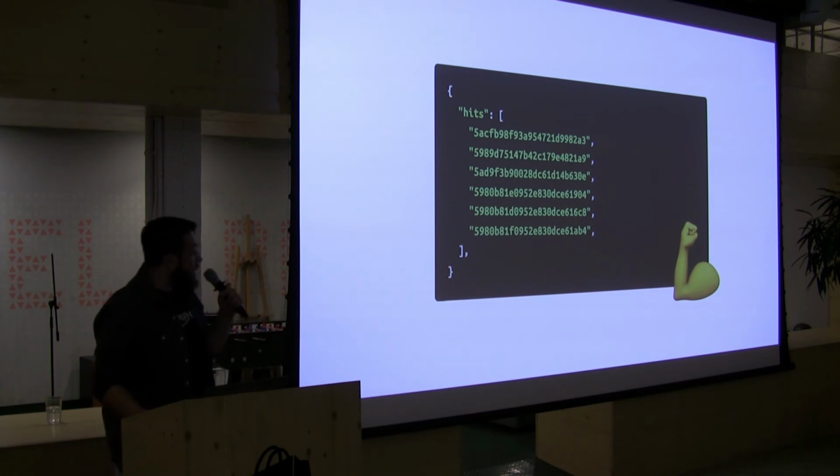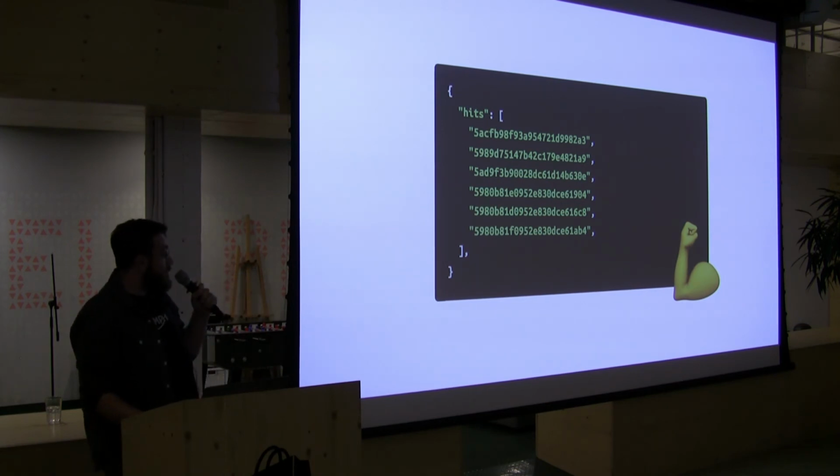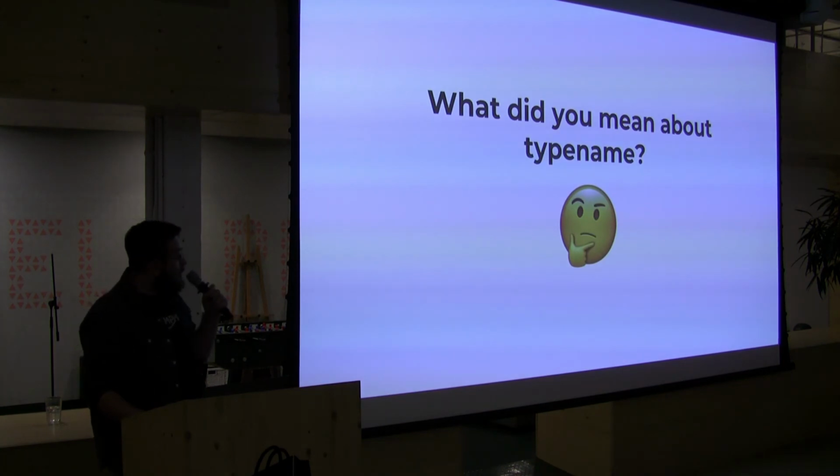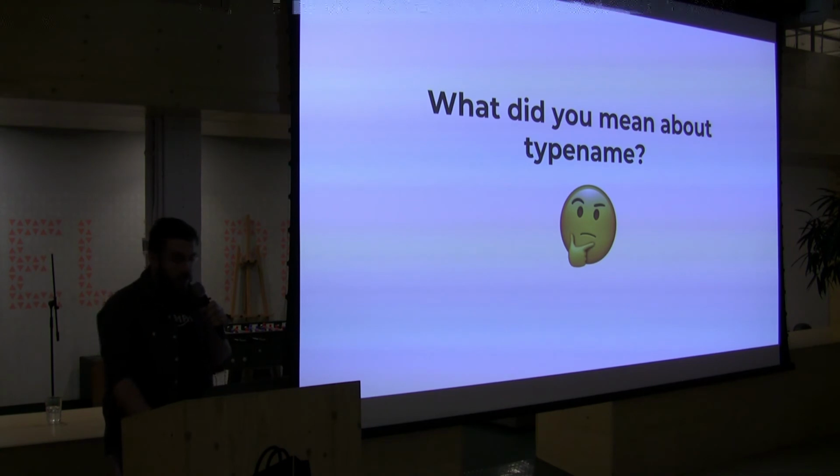Okay, so we get the same thing back from our new Apollo REST link. But what was I talking about with the type name? In Apollo client, most data is stored as a flat array. The Apollo client won't know if your IDs are unique, so it will use a type name plus ID to generate an internal symbol.